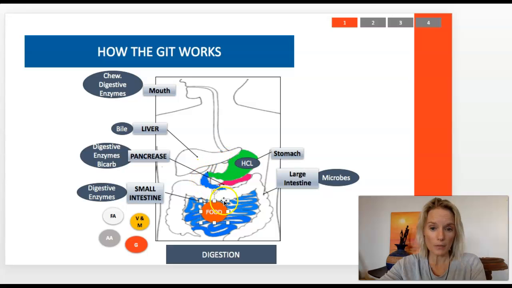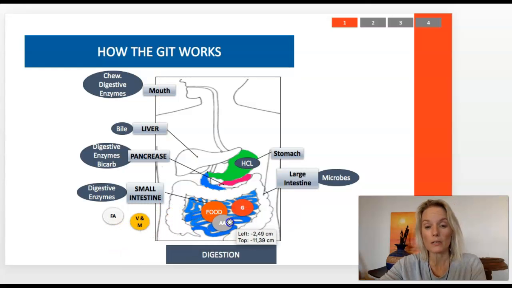So with the help of the acid, the digestive enzymes in the pancreas and from the mouth, the bile, and the digestive enzymes from the small intestine, the food gets broken down into smaller molecules. Carbohydrates will be broken down to glucose and smaller sugar molecules. Proteins will get broken down from the hydrochloric acid as well as the digestive enzymes.